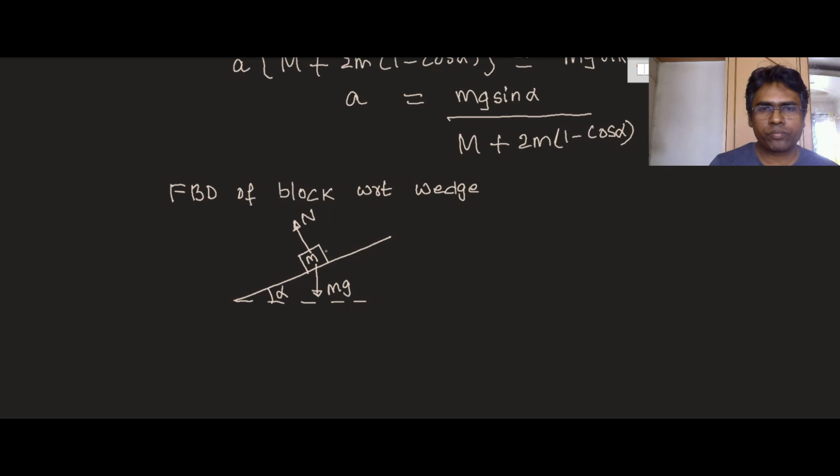Because the wedge is accelerating, any observer sitting on the wedge is a non-inertial observer. So we'll have to apply a pseudo force with magnitude as mass of the block and the acceleration of the wedge, but in the opposite direction of the acceleration. So the pseudo force gets applied to the left. The pseudo force magnitude is m into a.